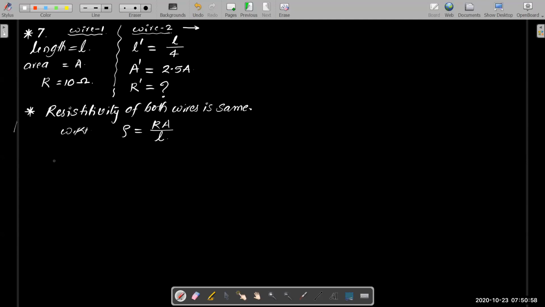Therefore, rho of wire 1 is equal to rho of wire 2. So if I write, R into A divided by L is equal to R dash into A dash divided by L dash, because rho is RA divided by L. Now you substitute the values.